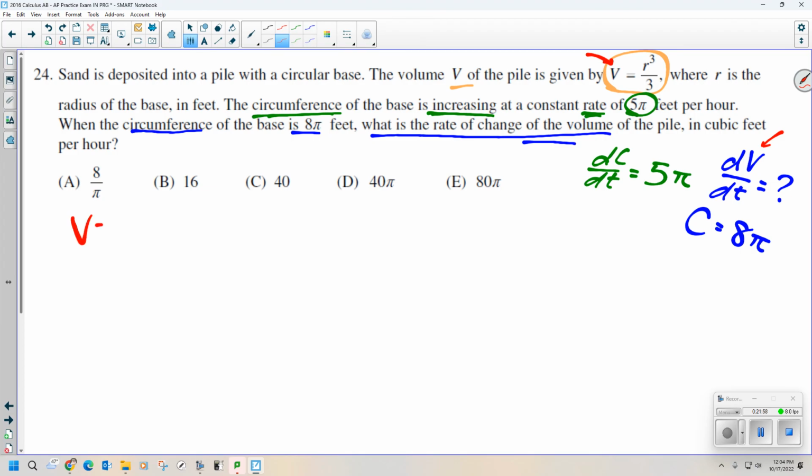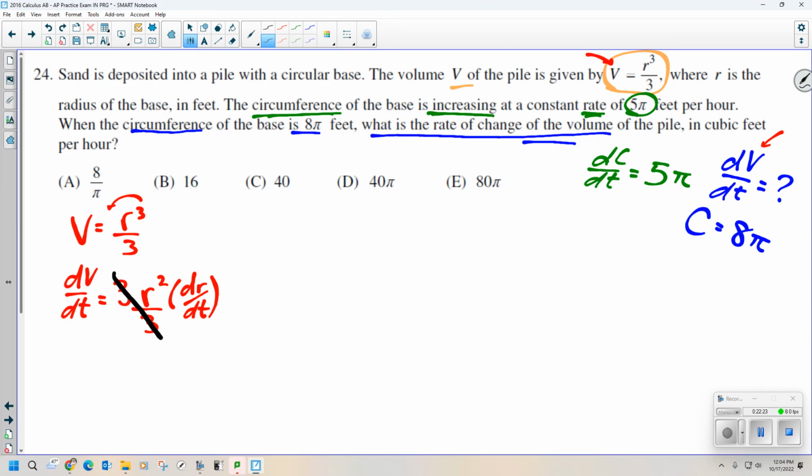Okay? If volume is r cubed over 3, all right, then dV/dt, the rate of change of volume, is 3 comes down. I subtract 1 from that, over 3, okay, times dr/dt. All right. We can simplify this further, and the 3's cancel.